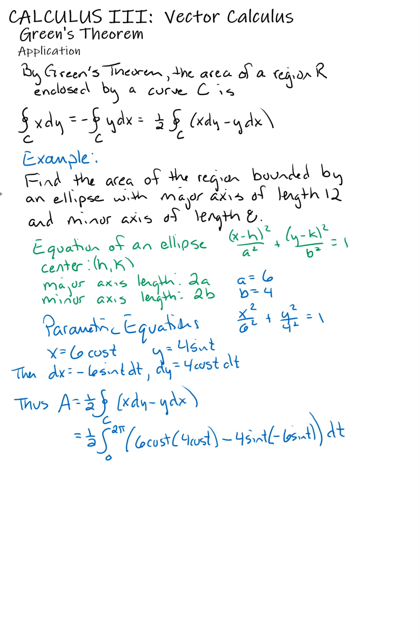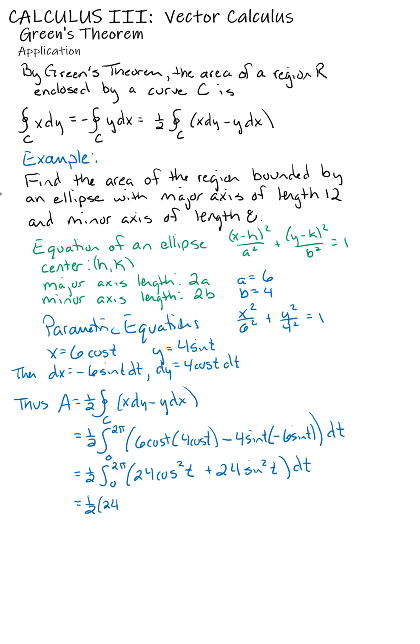Looks like we can simplify this just a bit. This integrand is 24 cosine squared t plus 24 sine squared t. And I am liking that integrand because let's go ahead and factor out that 24.